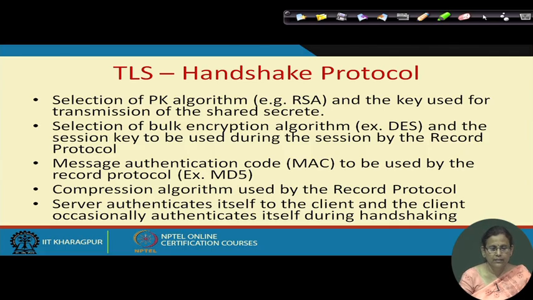It also helps in selection of the bulk encryption algorithm, DES, and the session key to be used during the session by the record protocol. Then the message authentication code to be used for the record protocol, then the compression algorithm used by the record protocol, and the server authenticates itself to the client, and the client occasionally authenticates itself to the server during the handshaking procedure.